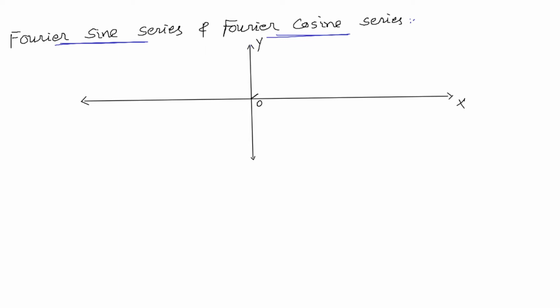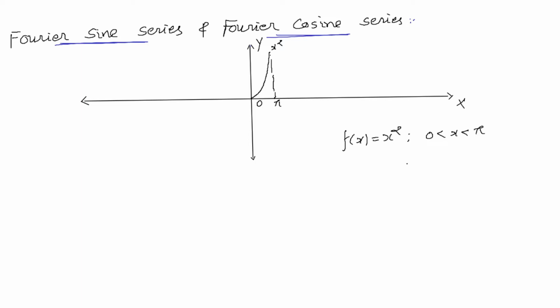So this is x square over 0 to pi. I have given f of x equal to x square from 0 to pi.